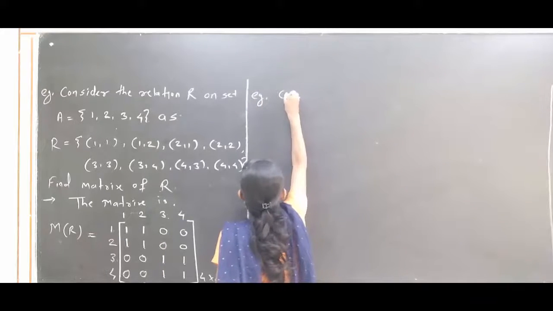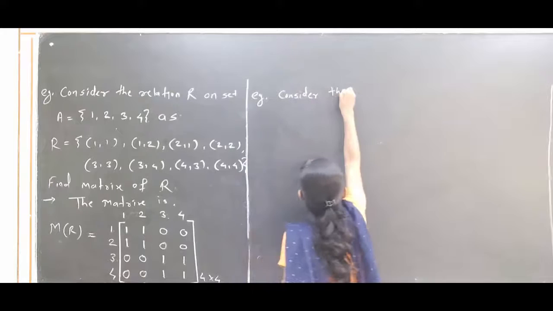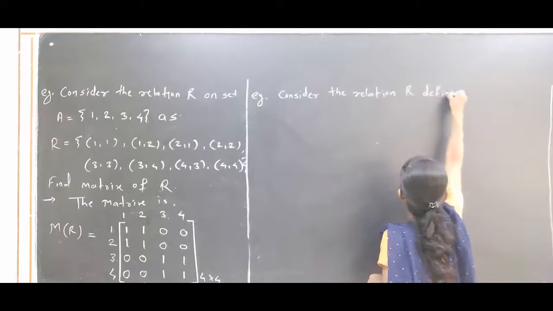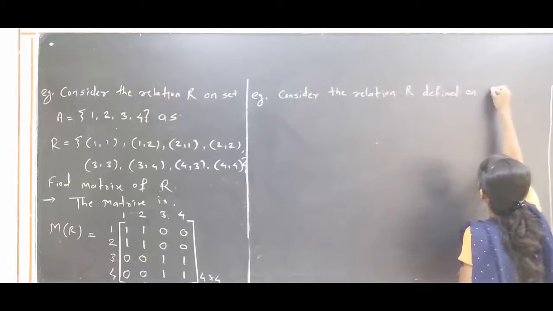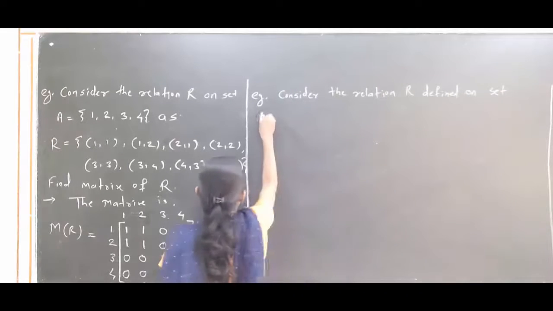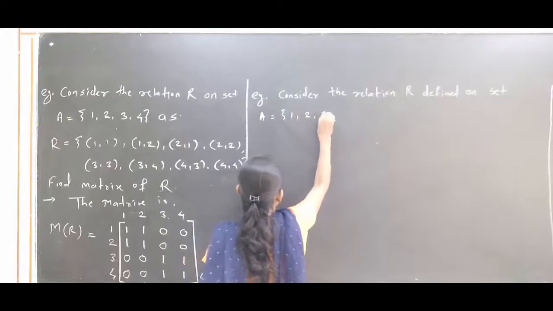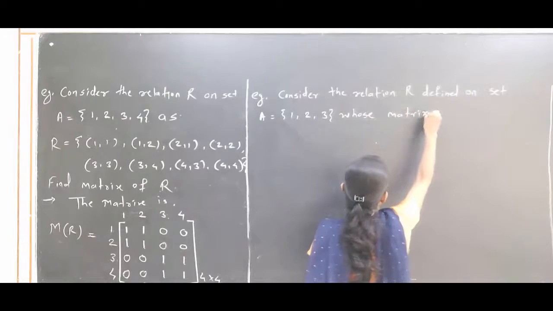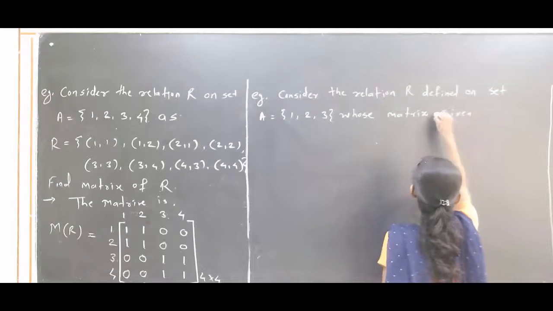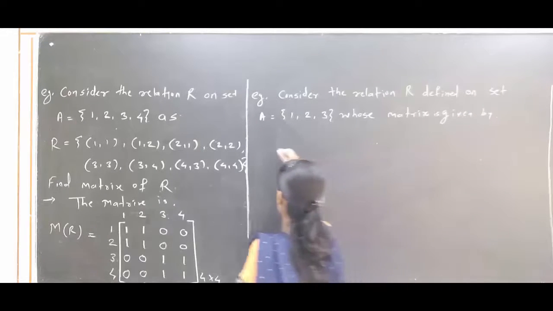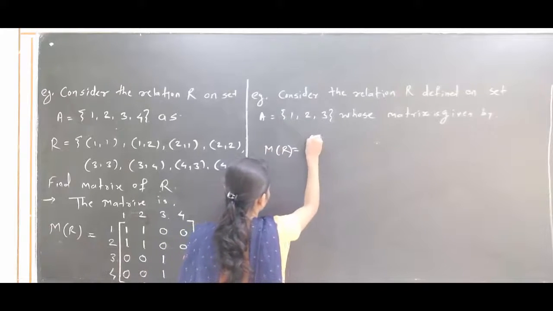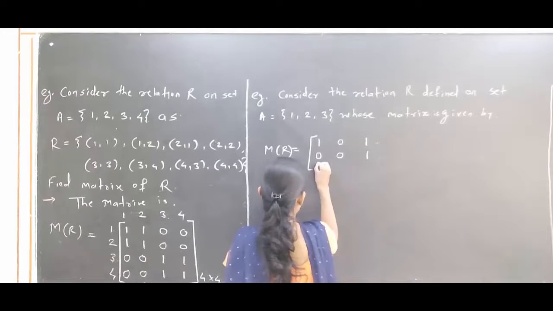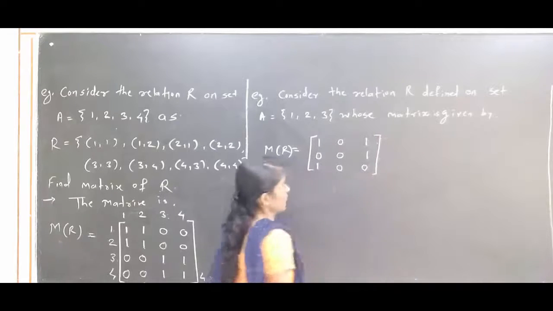Example. Consider the relation R defined on set A = {1, 2, 3} whose matrix is given by M of R equals to [1 0 1; 0 0 1; 1 0 0].